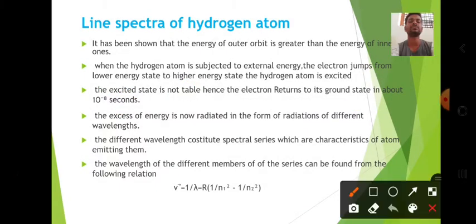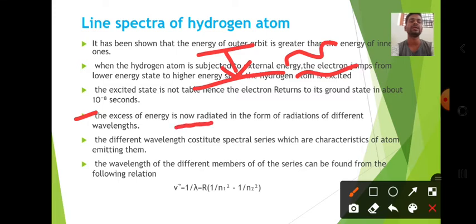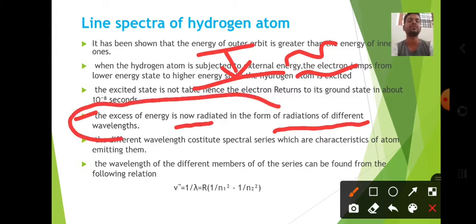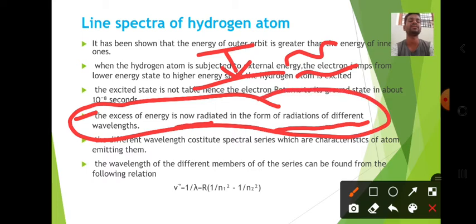The next point: the excess energy is radiated. When the electron jumps from a higher level to a lower energy level, the energy is radiated. This excess energy is radiated in the form of radiations of different wavelengths. These are called spectral lines, spectral series.